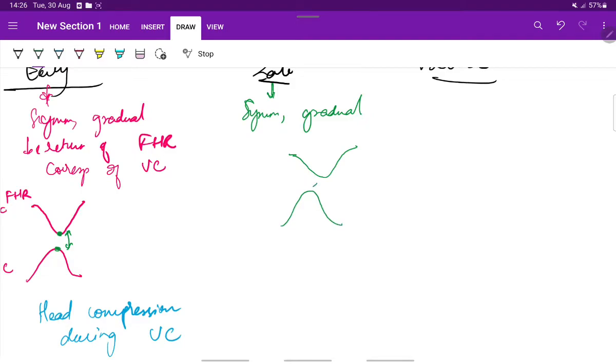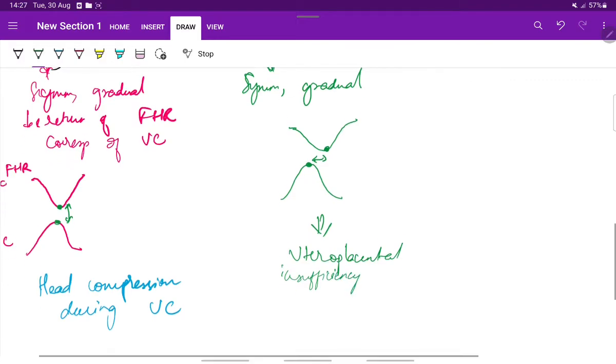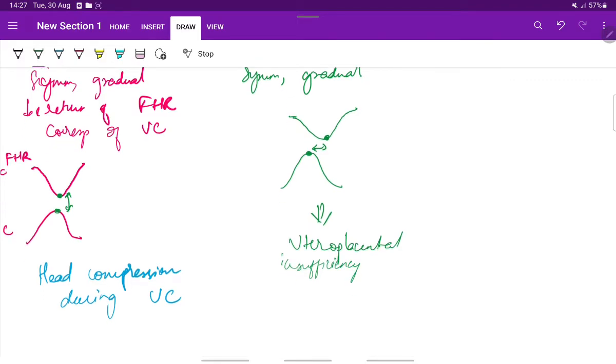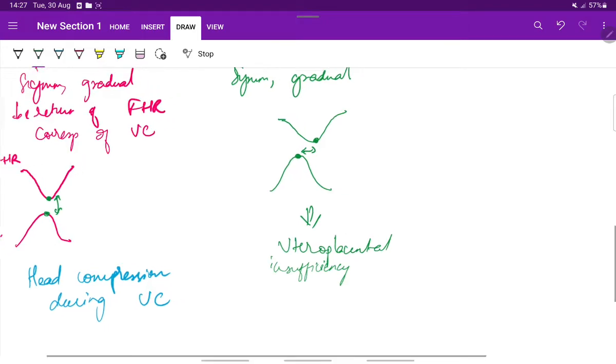So, there is a little delay in timing between the nadir and the peak of the uterine contraction, and these late decelerations are associated with uteroplacental insufficiency. And these are provoked by uterine contractions.